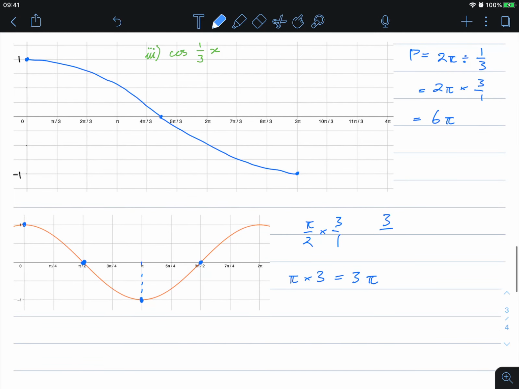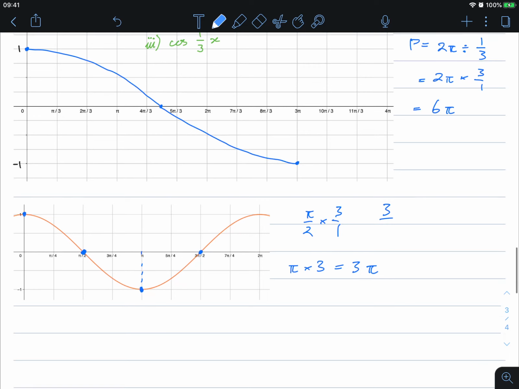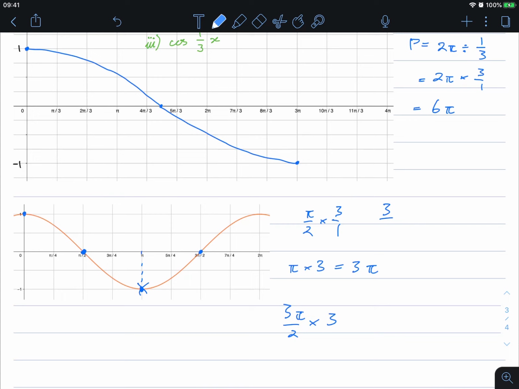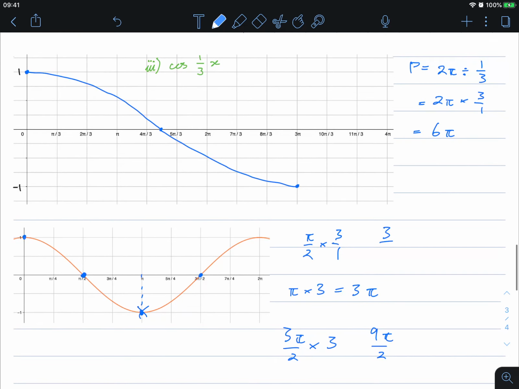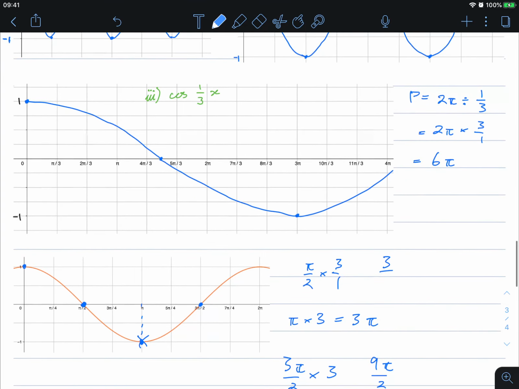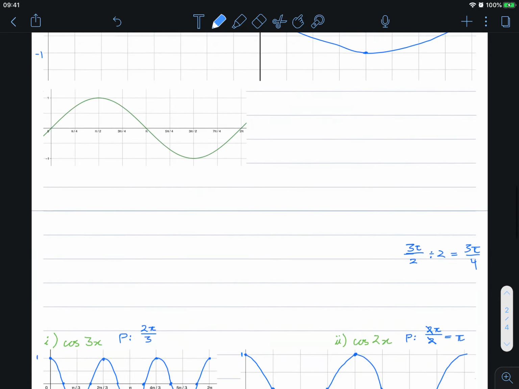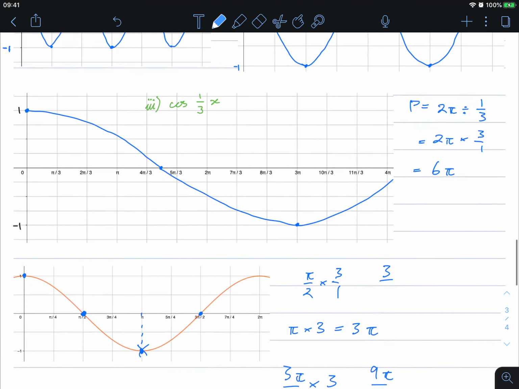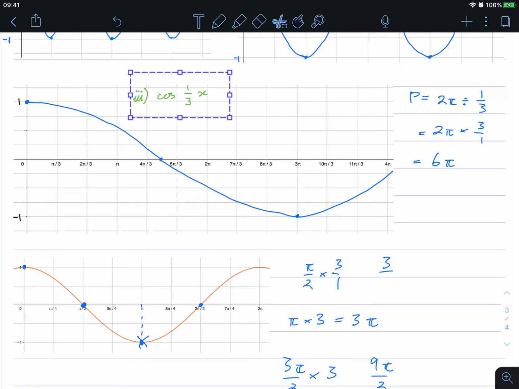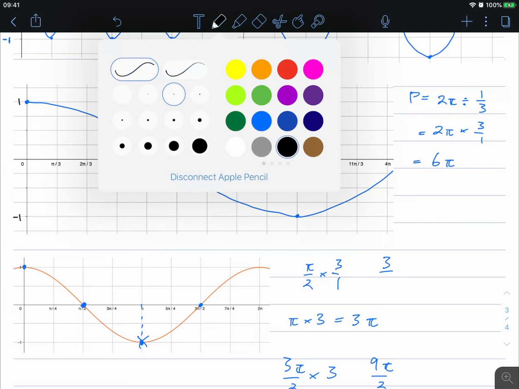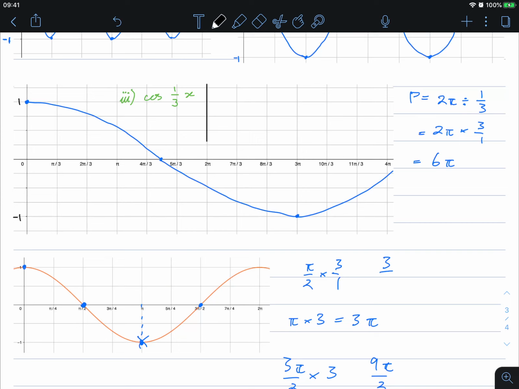It's going to be at 3 pi on 2. We're going to multiply by 3, and that will become 9 pi on 2, which is 4.5 pi. In actual fact, that goes past the end of the graph, and we can't reach that. Because the graph is asked to be drawn only from 0 to 2 pi, we could have stopped graphing at this point here.